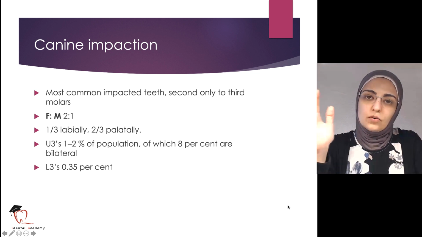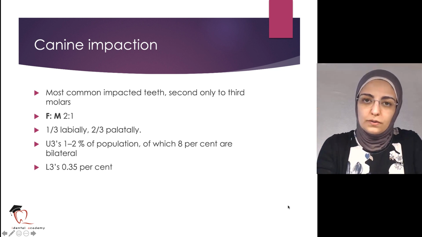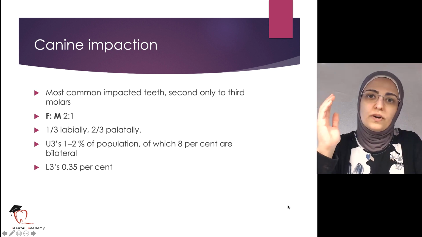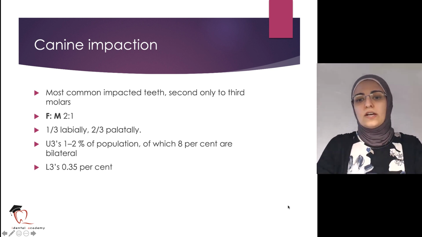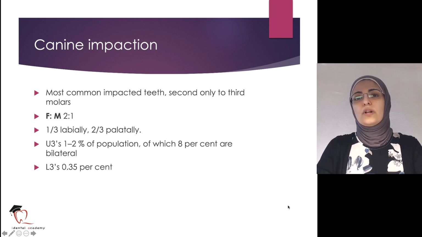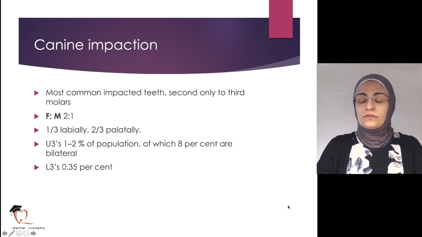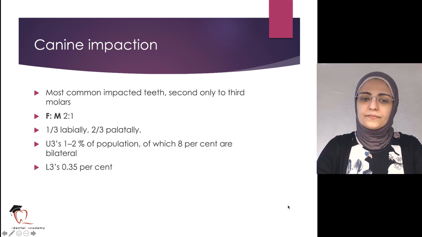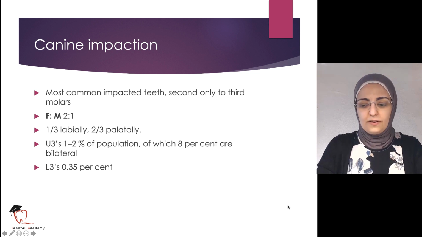It occurs in around 1 to 2% of the population. So out of every 100 patients, you might see it in 1 or 2 patients. And 8% are usually bilateral, and the rest, 92%, is only unilateral, so you can see it on one side. Lower canine impactions are not as common, much less than the upper.